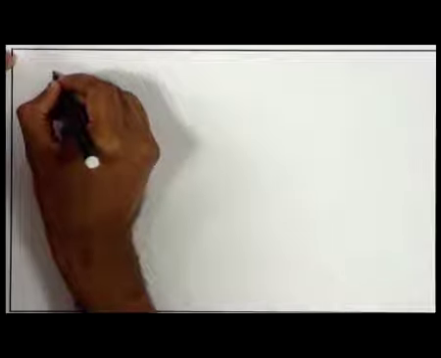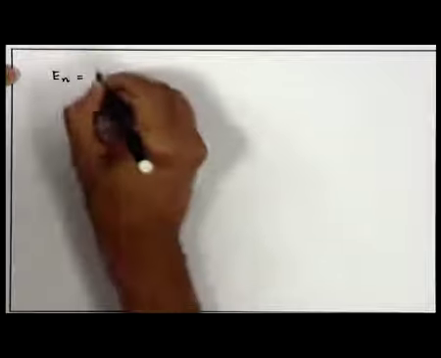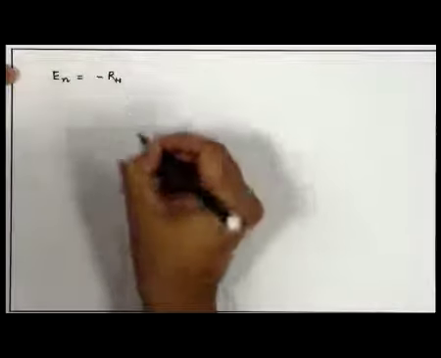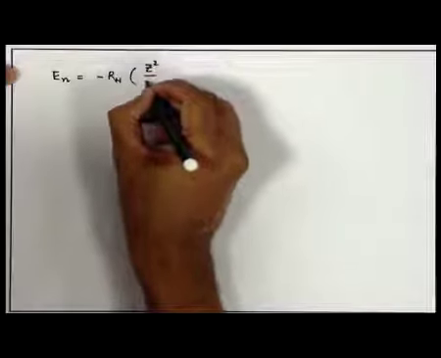But we started with the fact that Bohr's atomic model was necessary to describe the hydrogen atom's emission spectrum. Now we will see how Bohr's atomic model could explain the hydrogen atom's emission spectrum. So, we saw that the energy of the nth stationary state is given as RH, the Rydberg's constant, multiplied by z square divided by n square.